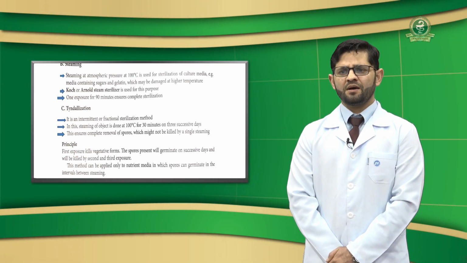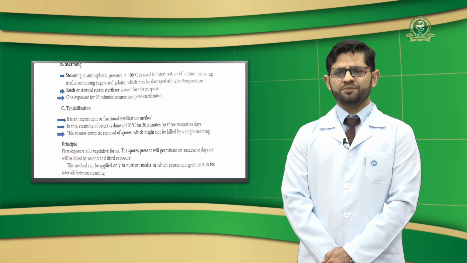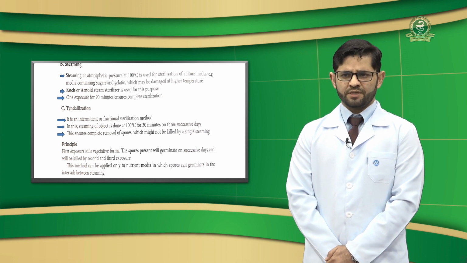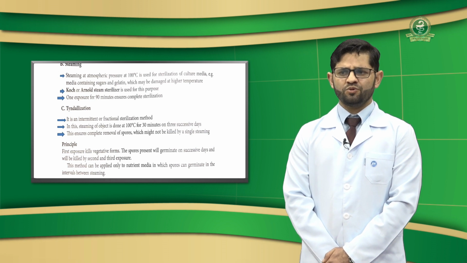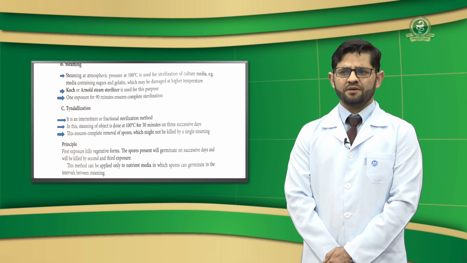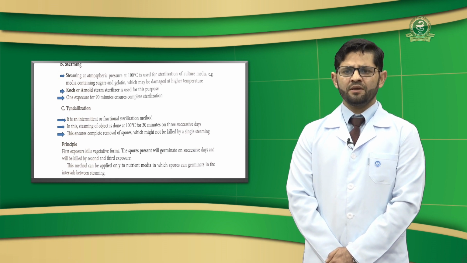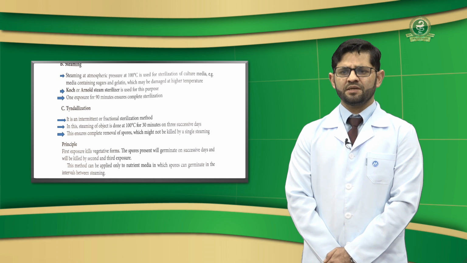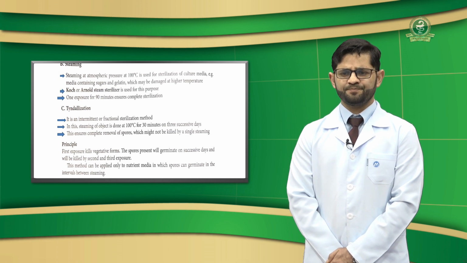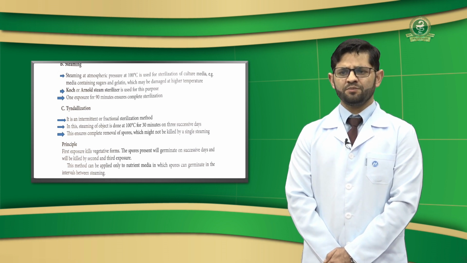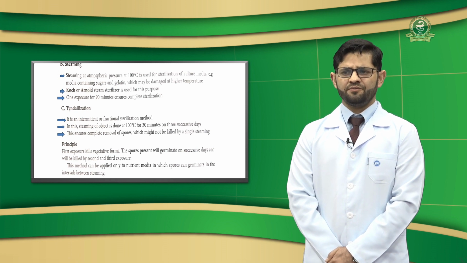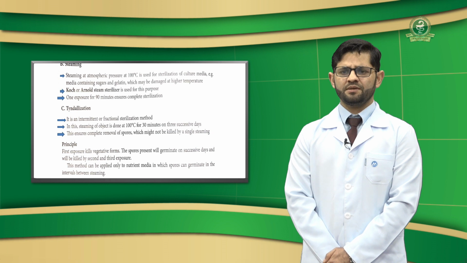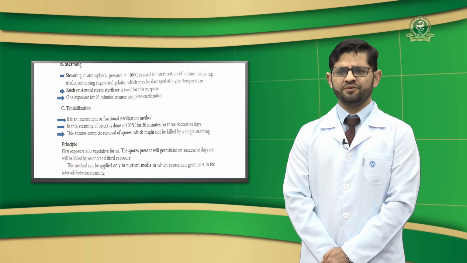Principle: how we can do this process. First exposure kills all vegetative forms of bacteria. The spores present will germinate on successive days and will be killed by the second and third exposure. This method can be applied only to nutrient media, in which spores can germinate in the interval between steaming.